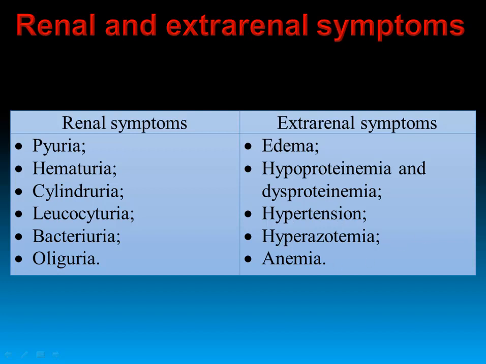Hyperazotemia. It's an increased amount of nitrogen-based products in the blood and can be found also in critical conditions such as renal failure. Anemia.